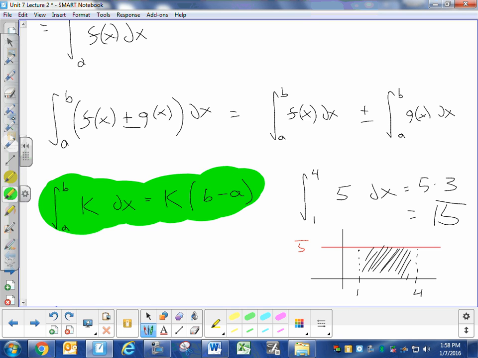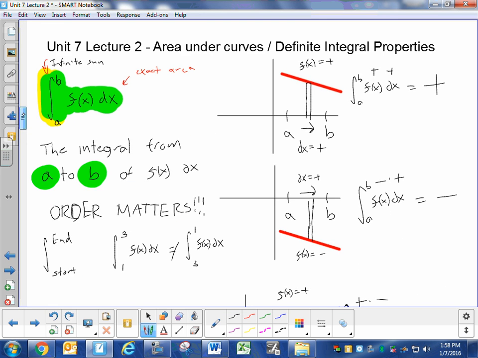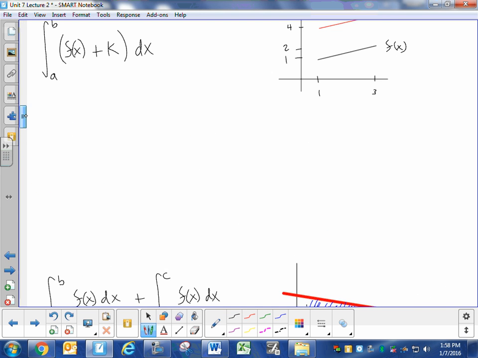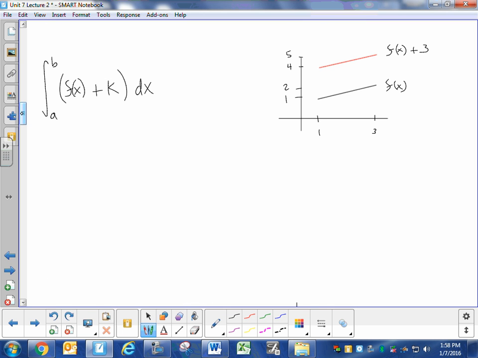Now, combining this one and this one, we go to this guy. The integral from a to b of a function plus a number. Well, you can first split them up.